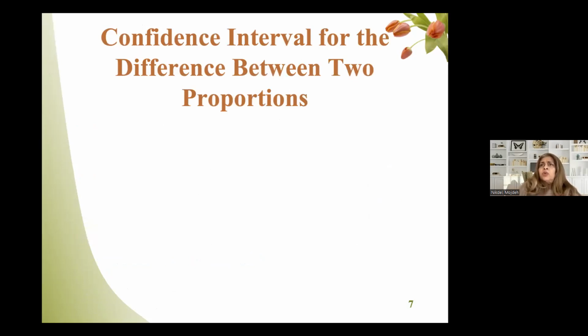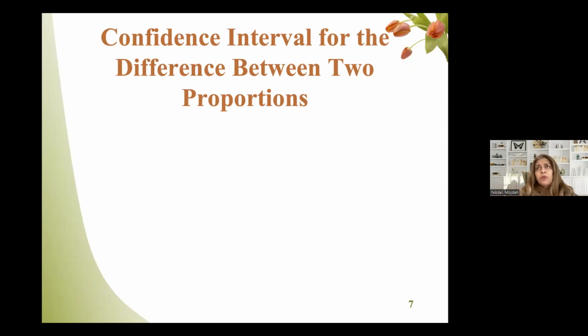Okay, I did not look at any example, but other examples are similar. Now, in chapter 9, after we talk about hypothesis testing for, let's say, mean, we also talk about confidence interval for mean, which we did in 7.1.